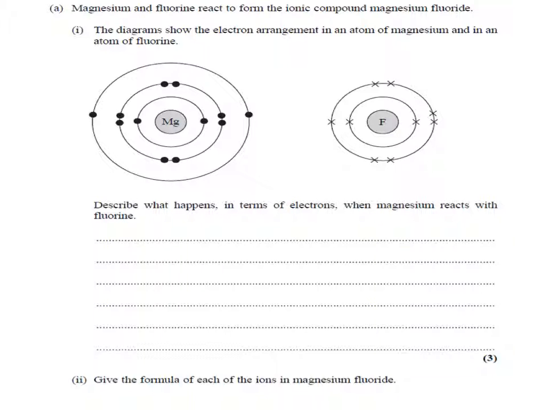Well, they produce an ionic compound. We know it's ionic not only because they've told us, but because we've got a metal and a non-metal, and both the metal and the non-metal want to acquire a full outer shell of electrons. So what happens is the magnesium loses 2 electrons.